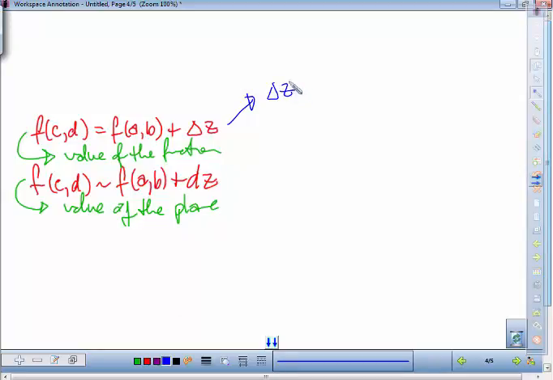So if the delta z is just a change in the function from AB to CD, then this is going to equal f of CD minus f of AB. And this is the original point.